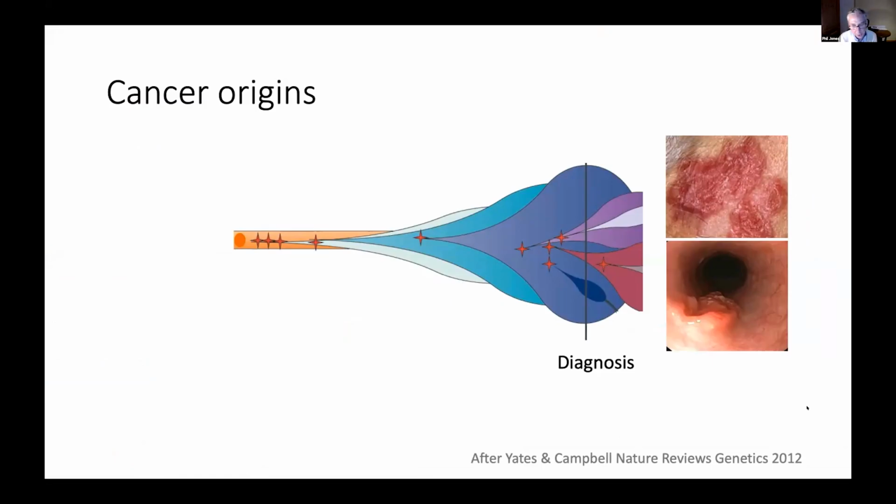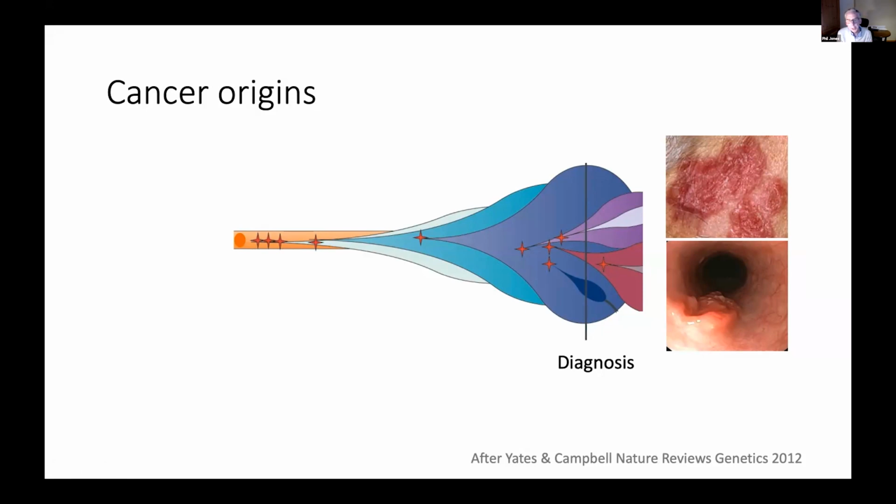I'm Phil Jones. I work at the Sanger Institute and the University of Cambridge, and I'm a clinician. I treat cancers of the skin, and I've also treated cancer of the esophagus. The problem with these cancers, as with many cancers, is that by the time we diagnose them, they already have complex, highly evolved genomes. That means they will resist treatment.